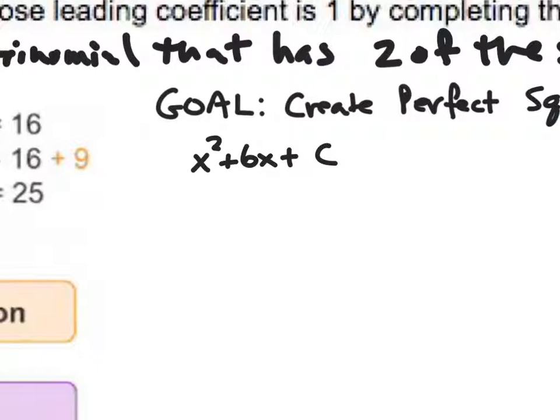And my question is how do we create this variable c so that this entire thing is a perfect square trinomial? So what we want to do to get the value for c is that c is equal to our middle term b divided by 2 quantity squared, okay?